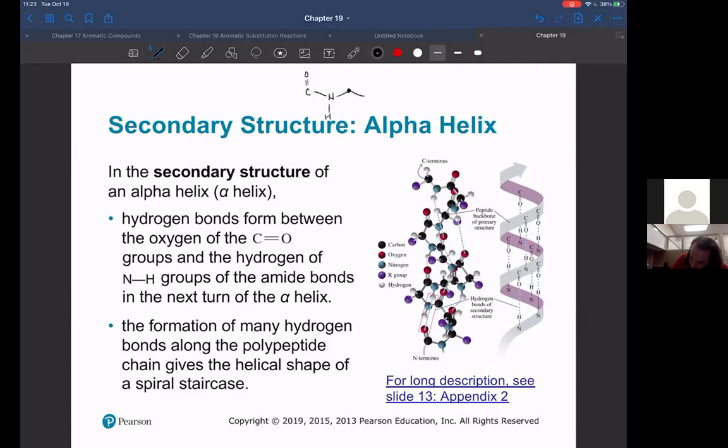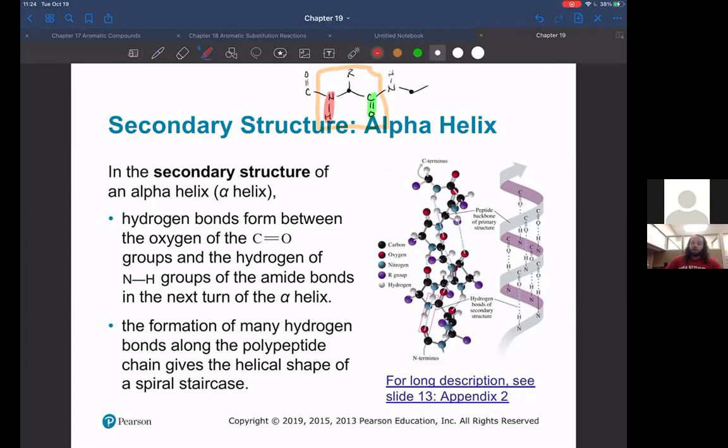Here's my alpha carbon, and then now I have my carbonyl carbon, et cetera, alpha carbon, right? And so this is my R group. So all amino acids have this same kind of chunk to them when they're in a polypeptide chain. They have a carbonyl carbon, and then they also have a nitrogen that has a hydrogen bound to it that is capable of hydrogen bonding.